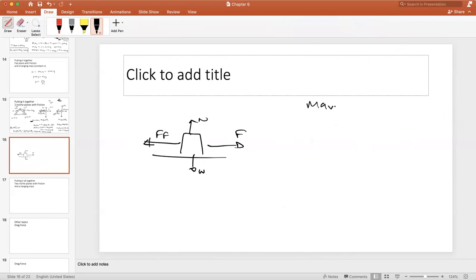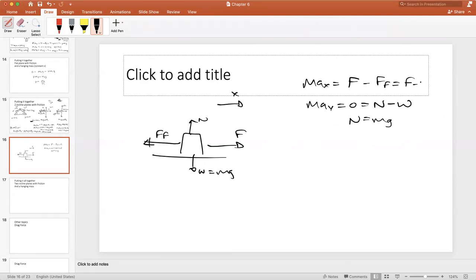So MAY is 0, is N minus W, but W is mg, so N is mg. MAX, I'm going to say that X is going this way, is F minus F friction, which is F minus mu N. So MAX is F minus mu mg.